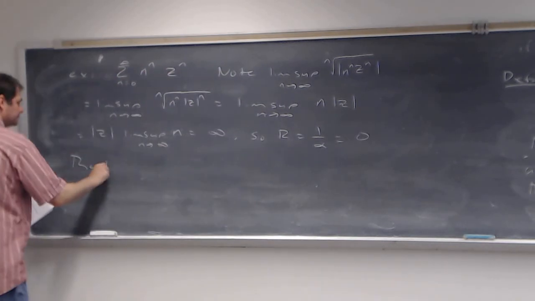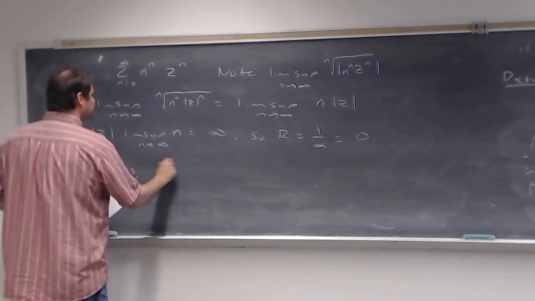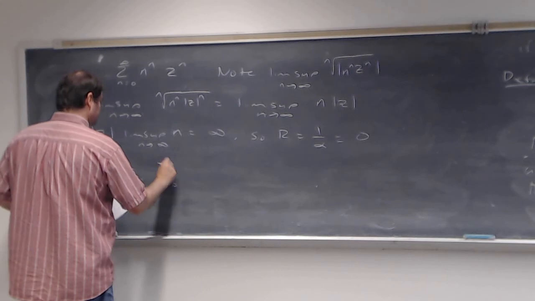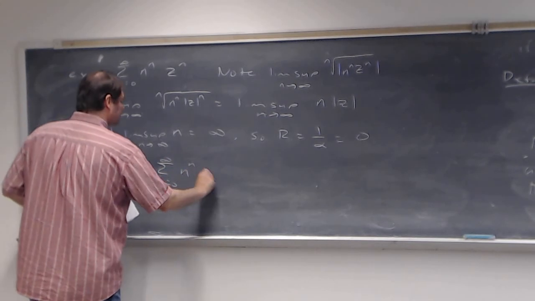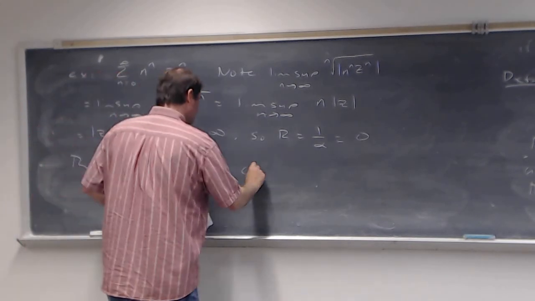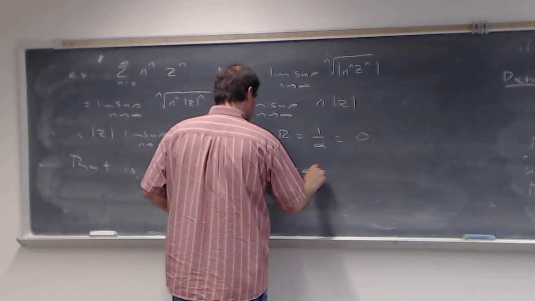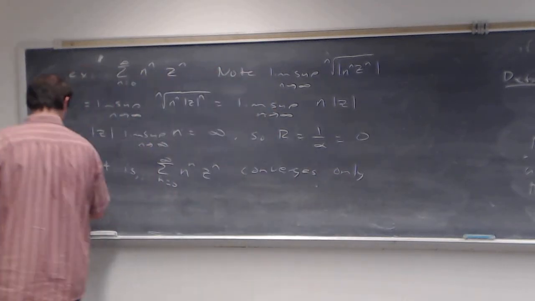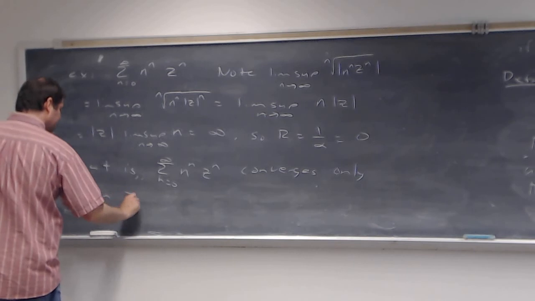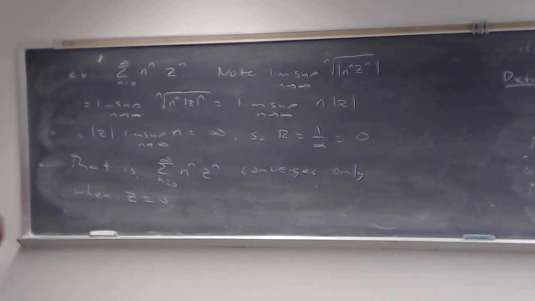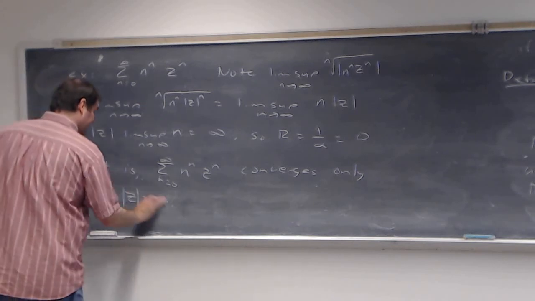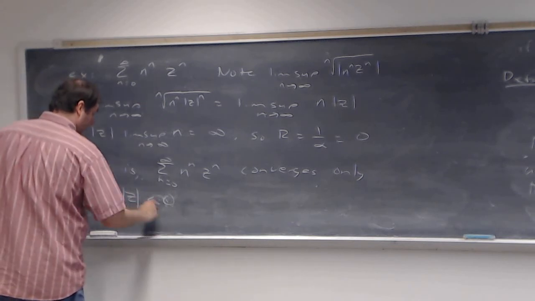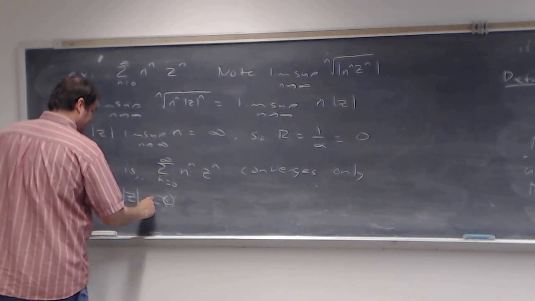That is, this power series converges only when z is equal to 0. Okay? That's the only time that this guy is less than or equal to 0.